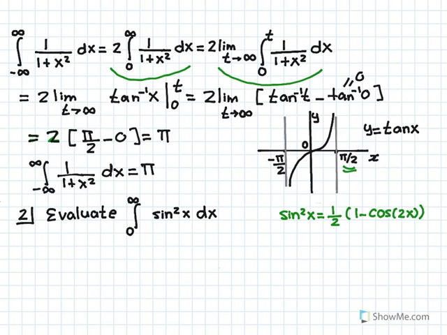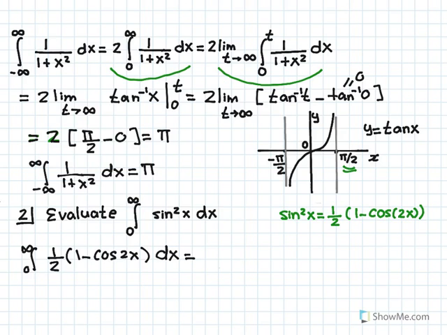All right, here we have another question: the integral from 0 to infinity of sine squared x dx. We're going to need to apply a trig identity. Sine squared x is 1/2 times 1 minus cosine 2x. So what we have is the integral from 0 to infinity of 1/2 times 1 minus cosine 2x dx.